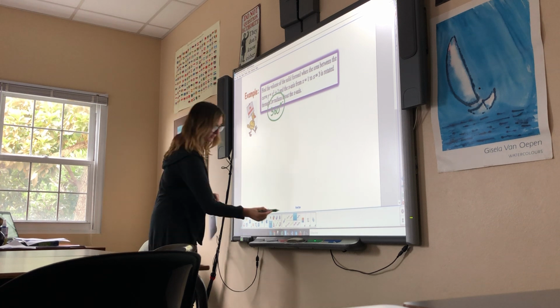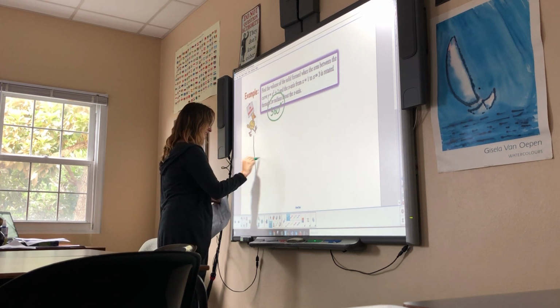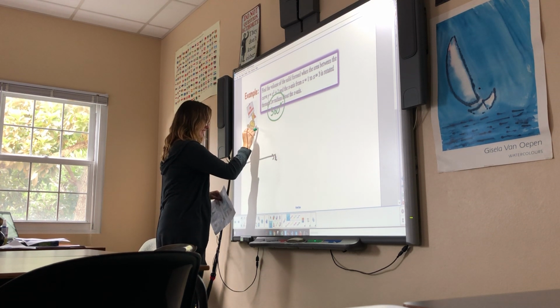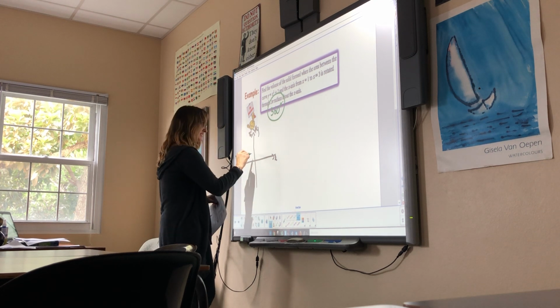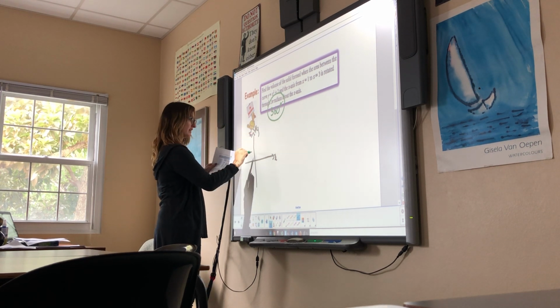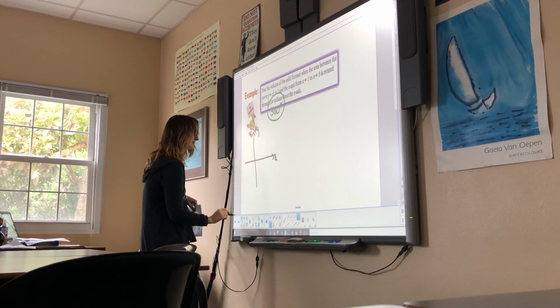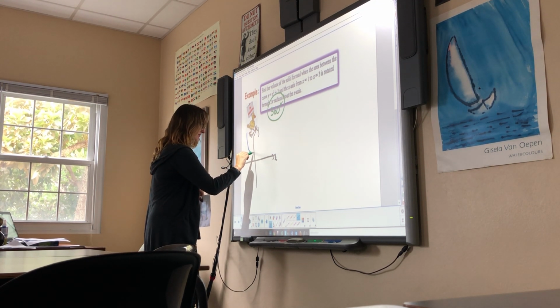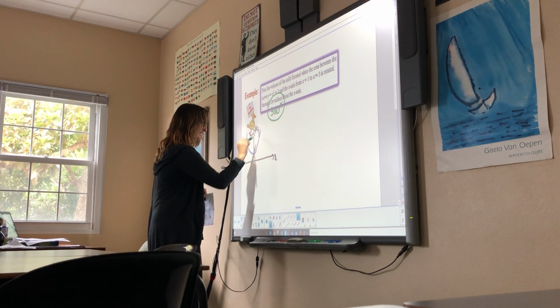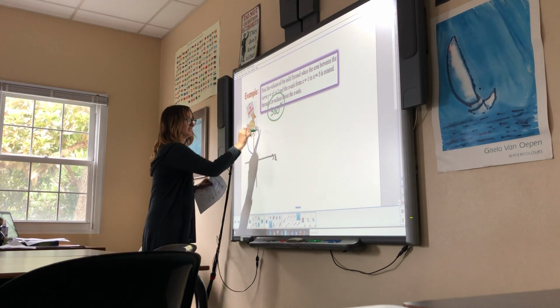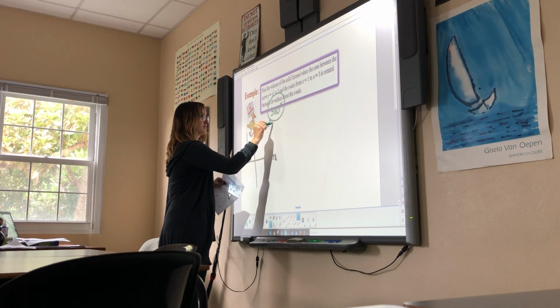If you wanted to draw, sometimes it can be helpful, just have a little look, see does it make sense. X, Y, quick sketch. So y equals x squared plus 2 is like this. It's up at 2.